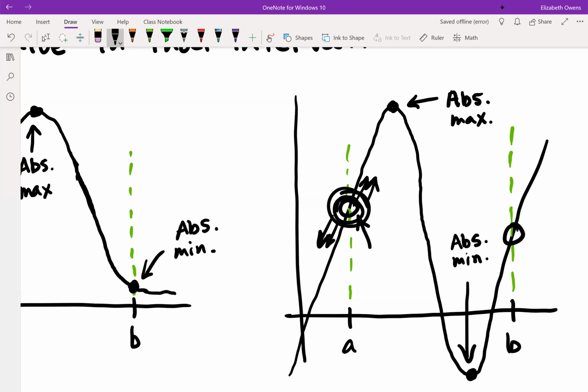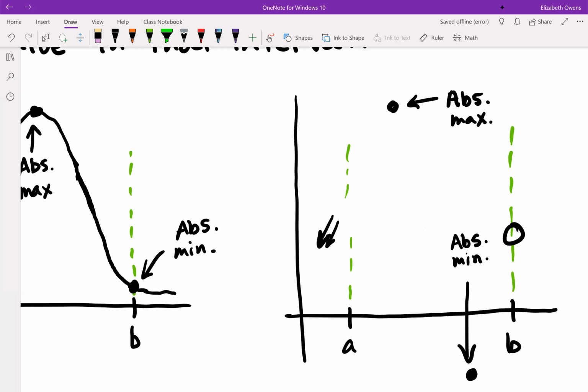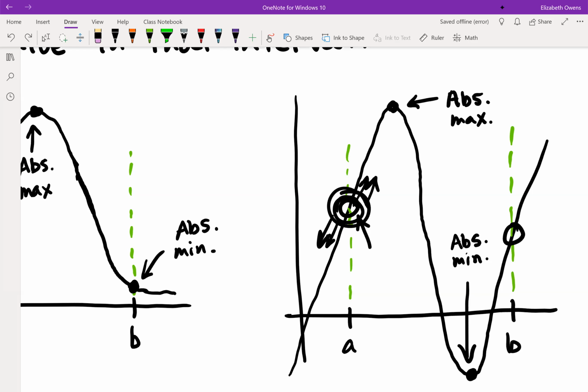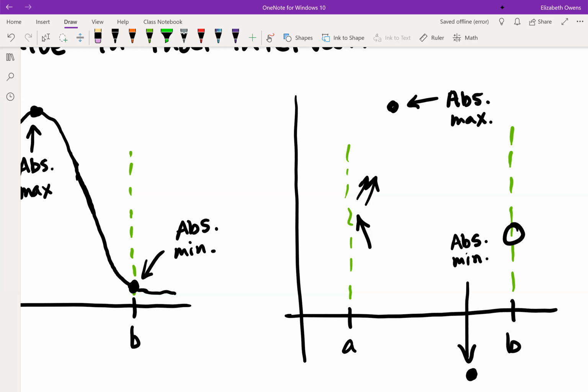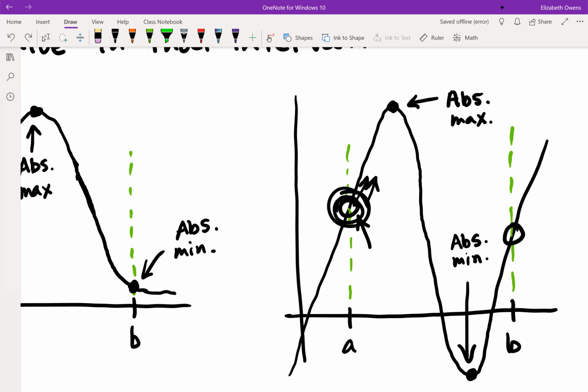So it's not really higher, lower, or extreme for either direction there. That endpoint of the interval is not anything that we would really label. It's not an absolute maximum or minimum, and it's not a local maximum or minimum either.